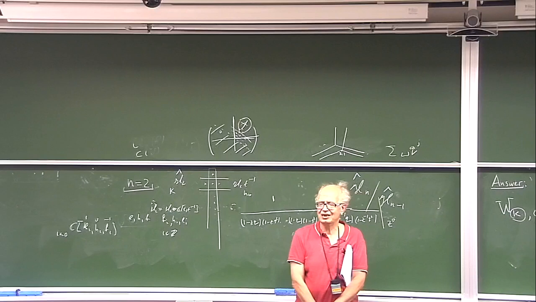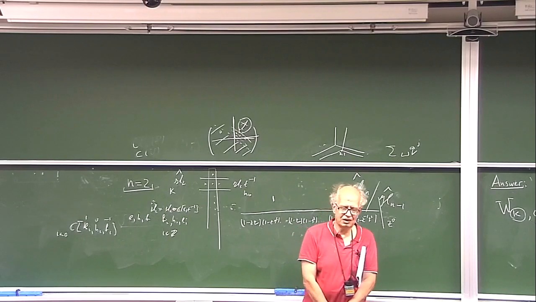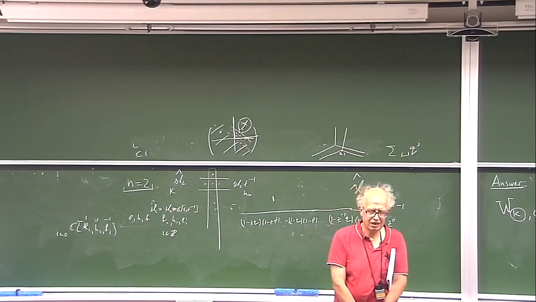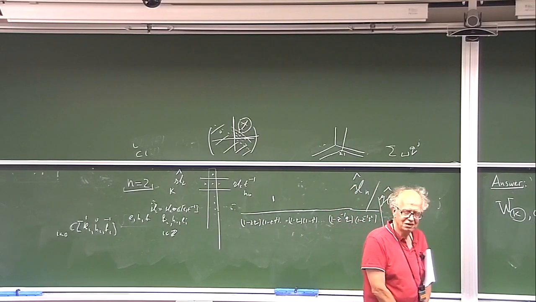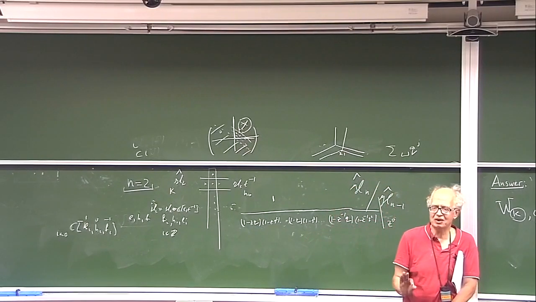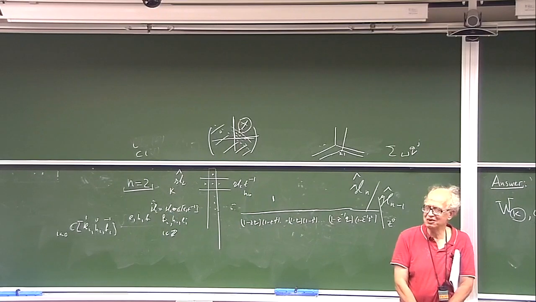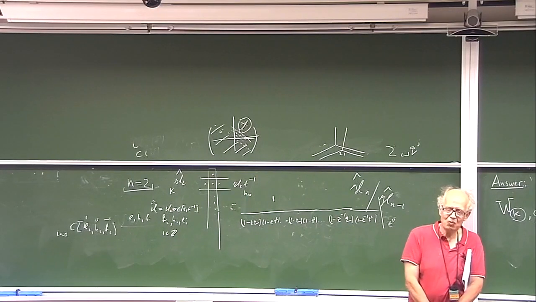But do you have formulas for arbitrary SLN, for instance, of the same kind? Still plane partitions? Yes, but we have to be accurate. For SLN it is more complicated.